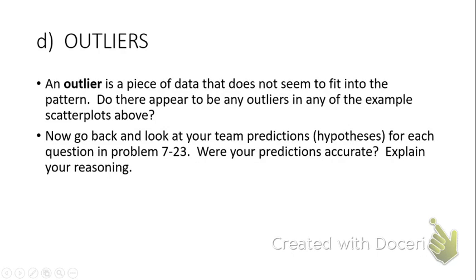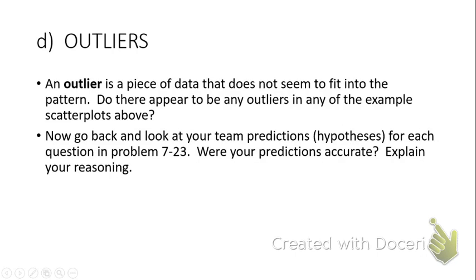Okay, so we've done a lot of talking. We've written down a lot of things about what the graph is showing, about the relationship between our two variables. The very first thing we did in this problem is we created hypotheses.